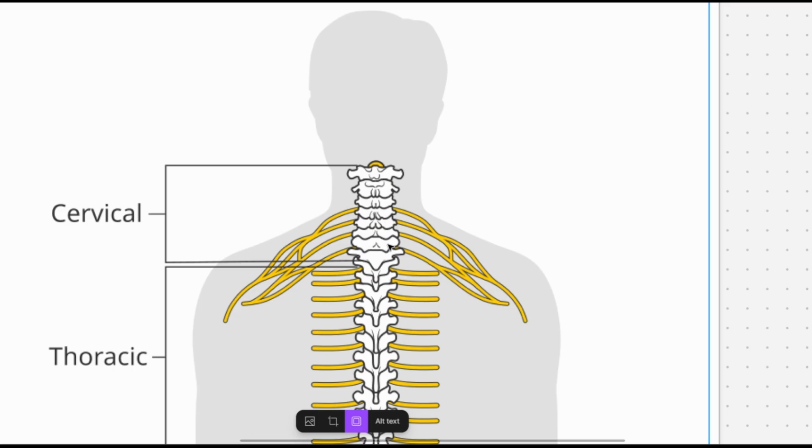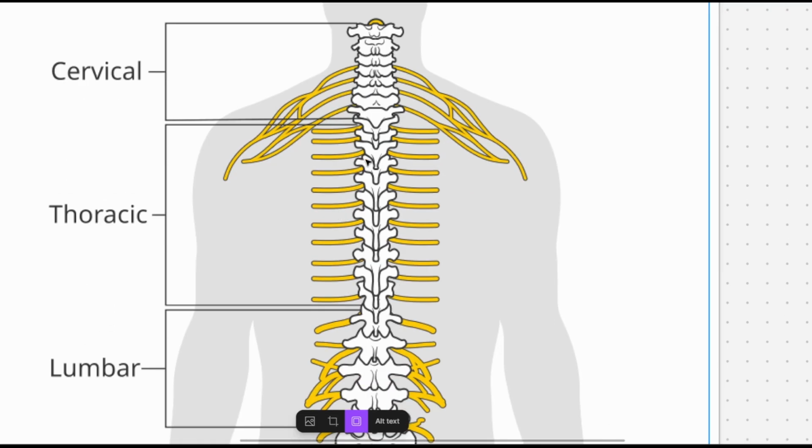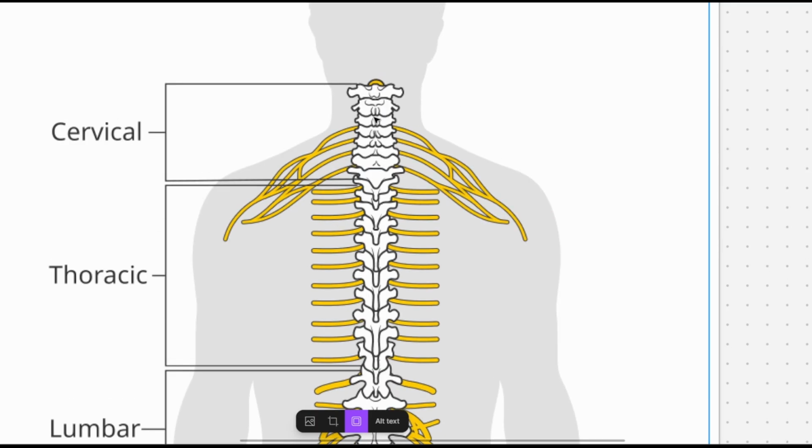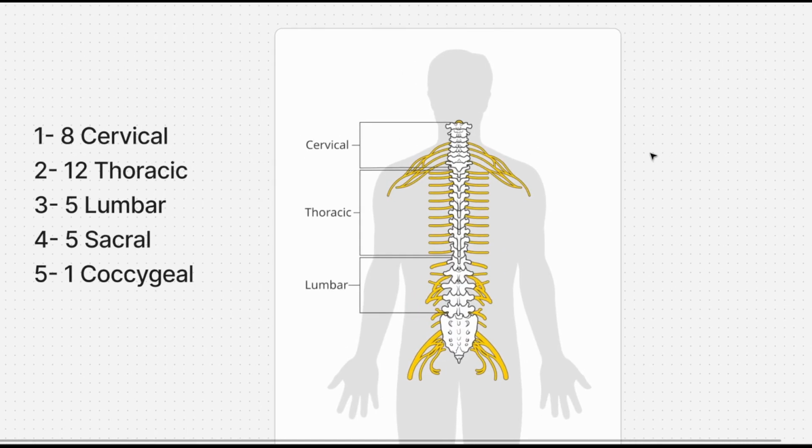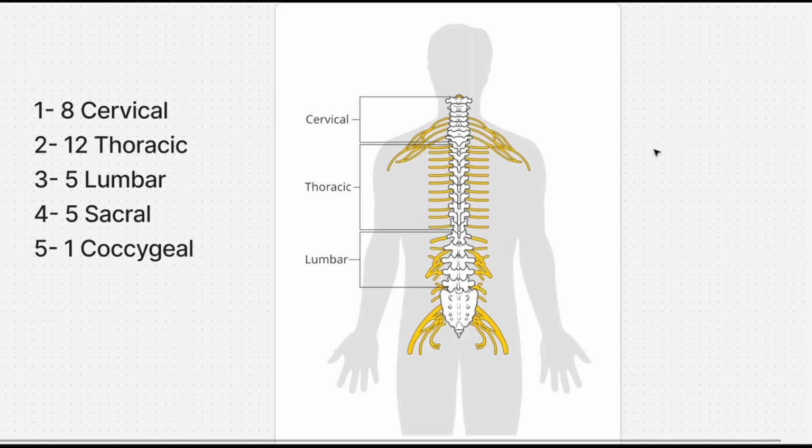You can see that the spinal roots, the spinal nerves, emerge from under that segment. And then starting from the thoracic, the same thing happens, emerging from under these segments. So this is an important thing to note. It's not exactly the same segmentation as the vertebrae.